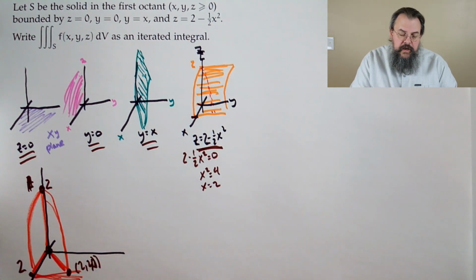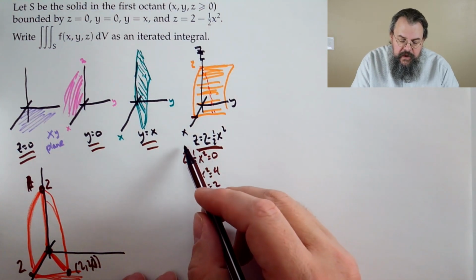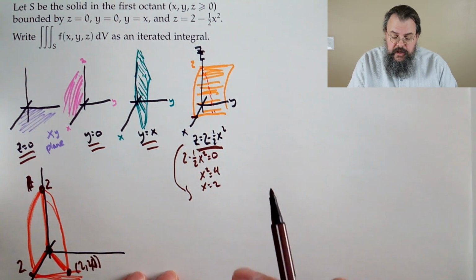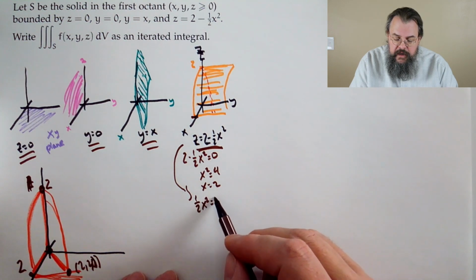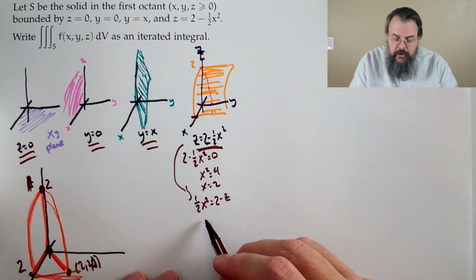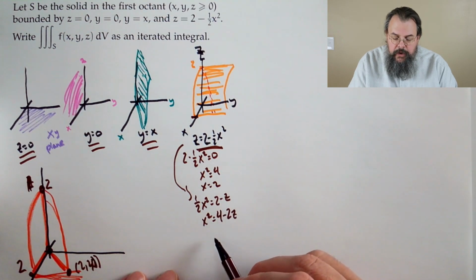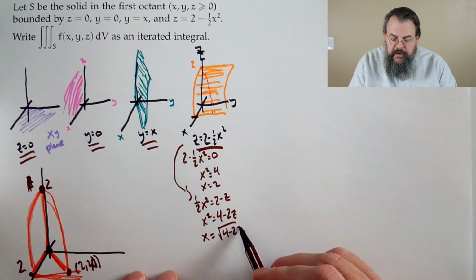And in here, let's do one other thing with this surface. Namely, right now it says z as a function of x. We could have written it as a half x squared equals 2 minus z, or x squared equals 4 minus 2z, which says that x is square root of 4 minus 2z.